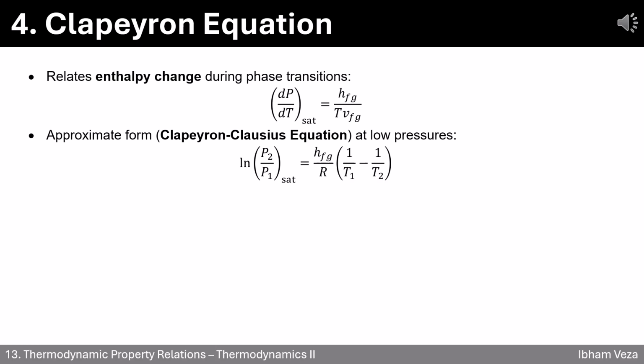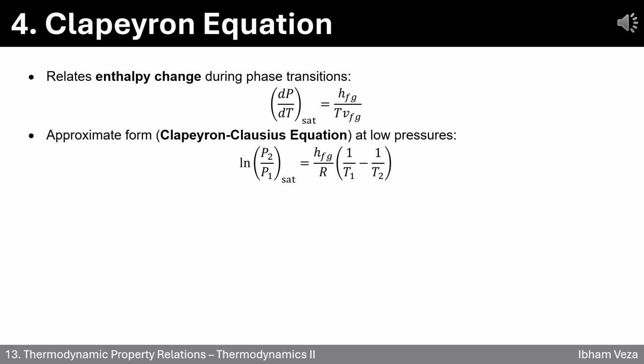Let's make phase changes easier to predict. The Clapeyron equation gives you a direct link between enthalpy change and the slope of the phase boundary on a pressure-temperature diagram. Instead of measuring complicated phase behaviors, you can use this equation to predict how pressure changes with temperature during vaporization or condensation, key for understanding boilers and condensers.